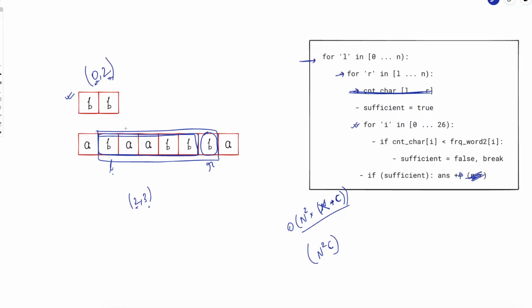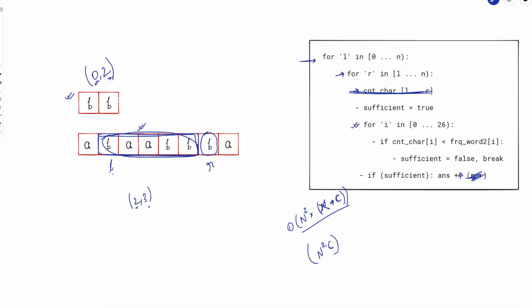Because the definition of valid basically says, do you have enough characters to form every character in word 2? If yes, you are valid. Now, if this is a valid substring, it means you have enough characters within these characters to form everything that word 2 needs. So if you add one more character, you will still have enough characters that you had before, right? And you still have all the characters that you need for word 2 as well.